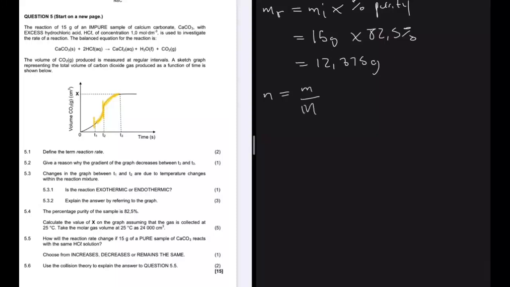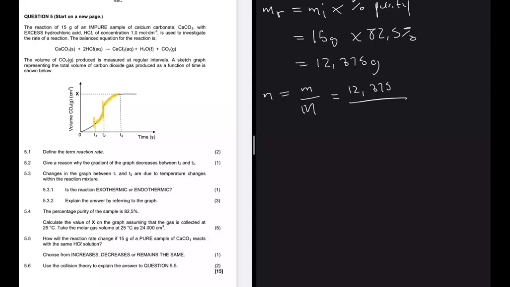What is the mass? The mass is what we just determined, which is 12.375 grams, and then we're supposed to find the molar mass of calcium carbonate. So let me pull up my periodic table.